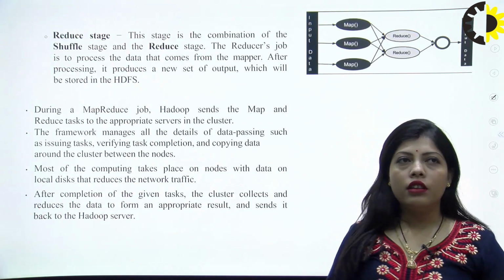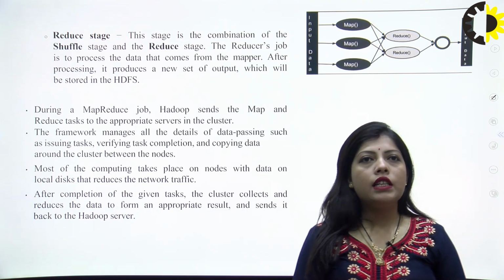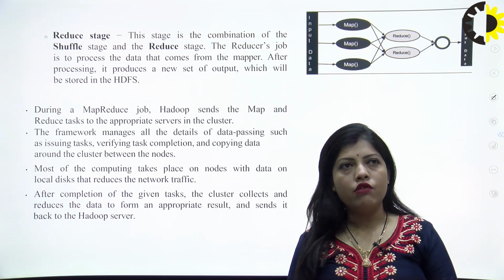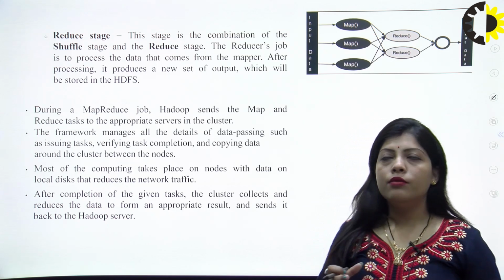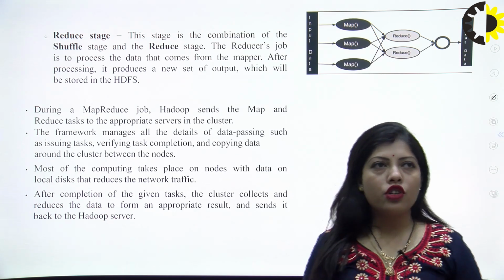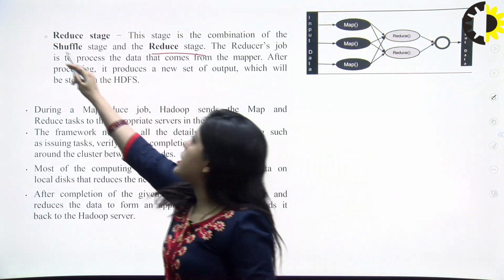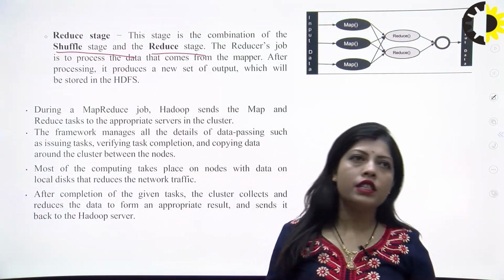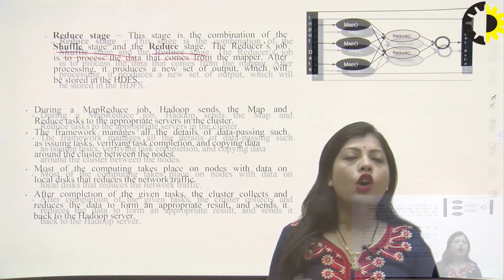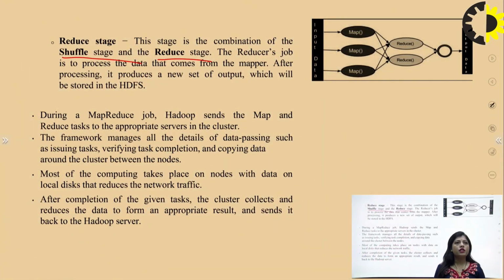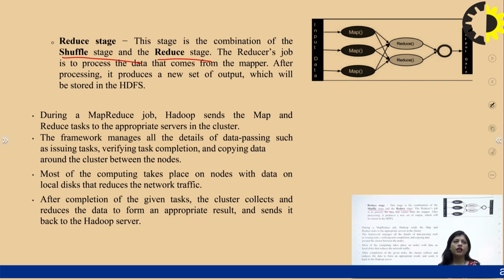After the map function, there is a shuffle stage and reduce stage. The reducer's job is to process the data that comes from the map job. After processing, it produces a new set of output which will be stored in the HDFS.